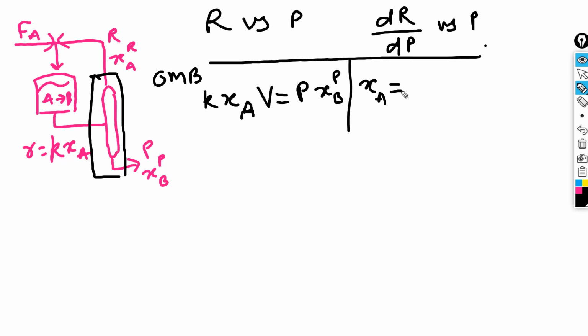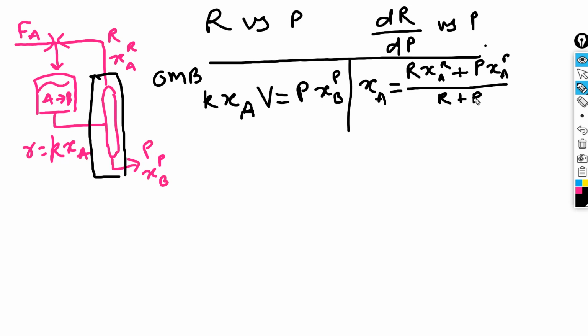So we will have R times XAR plus P times XAP, divided by R plus P.